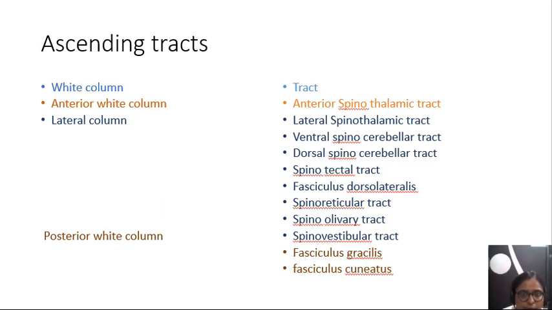If we see the ascending tracts, we have these many tracts: anterior spinothalamic tract, lateral spinothalamic tract, cerebellar tract that includes your ventral and dorsal spinocerebellar tract, spinotectal tract, fasciculus dorsolateralis, spinoreticular, spinoolivary, and spinovestibular tract. And among these, first of all, we will discuss these two, fasciculus gracilis and fasciculus cuneatus. Fine. These are your posterior white column tracts. Means these, wait, I'll show you.